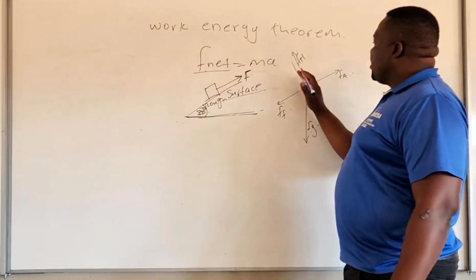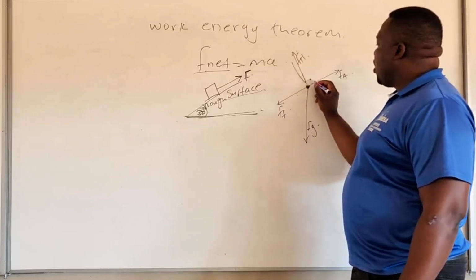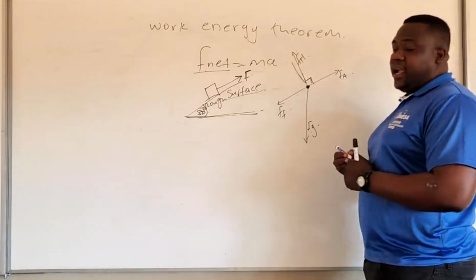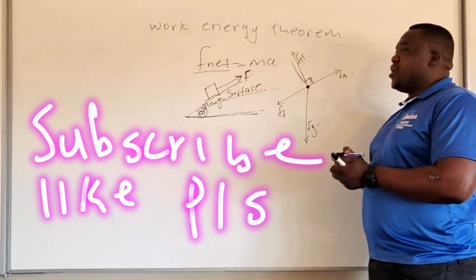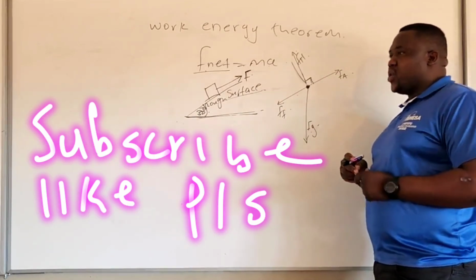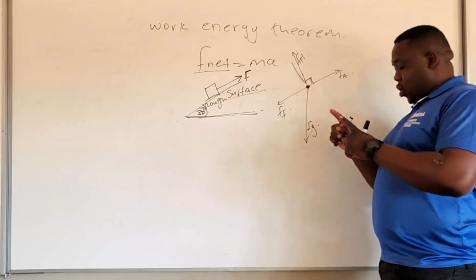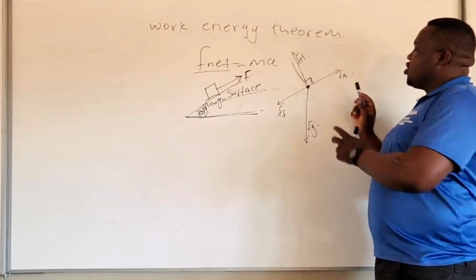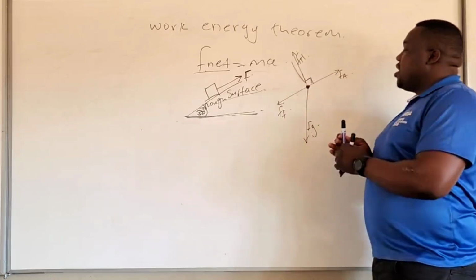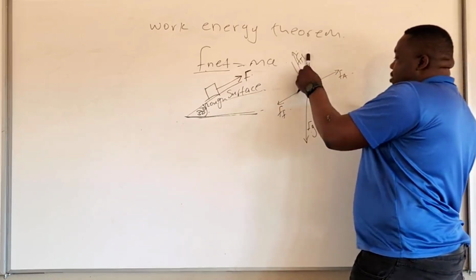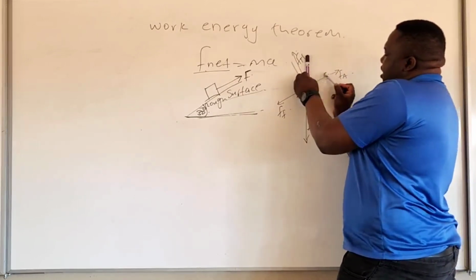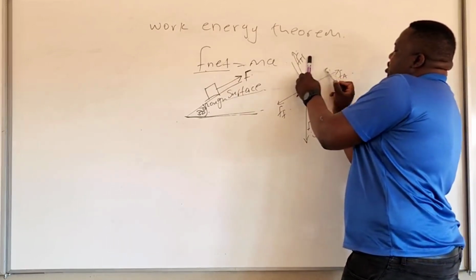Why did we make this normal force point this side? It's because we want 90 degrees here. 90 degrees is an angle that we have on a corner, a sharp corner. That corner is 90 degrees. So that is the reason this normal force is pointing this side. If we were to make it point up straight like this, it would create an acute angle, a small angle which is smaller than 90.